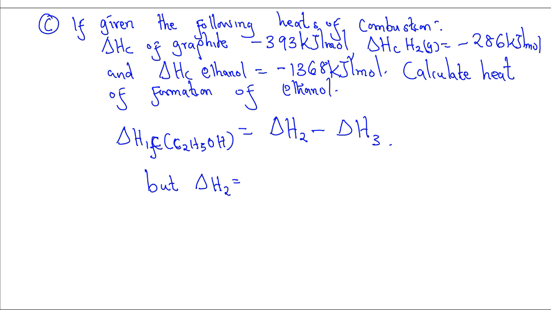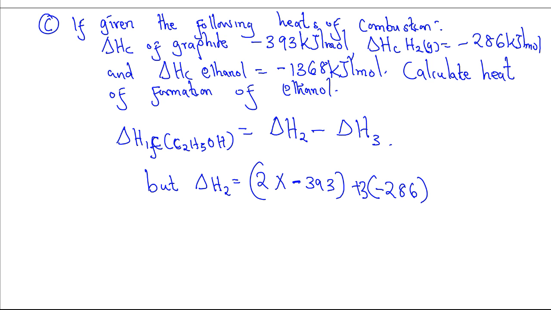But in the energy cycle diagram, we have used 2 moles of carbon, so that will be 2 times negative 393 plus, again for hydrogen, we have been given the molar heat of combustion of 1 mole. But we have used 3 moles of hydrogen gas to balance the equations. So that means, again, 3 times minus 286.